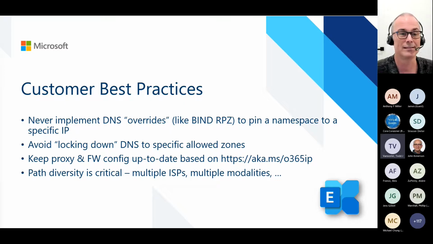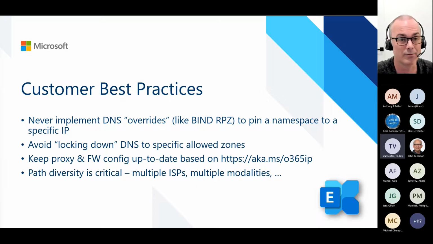What comes into play there is that in a failure mode, there may be scenarios where we start using a CNAME record in DNS or something like this that takes traffic outside of the normal pattern that you might see in regular day-to-day operation. We've published that namespace as required, but because you didn't see it on your network at the point in time that you took a snapshot of what's needed to make things work, you end up experiencing a failure where other customers would continue to be operational. So avoid locking down DNS where you can from that perspective.